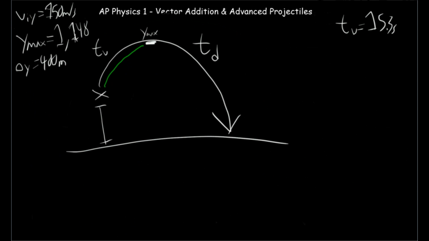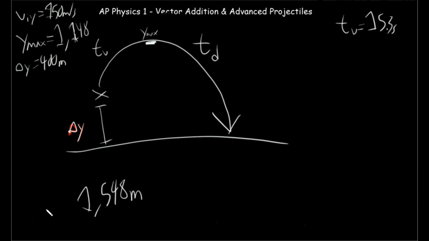This is the time up versus the time down. Look how big that is. So there's a big difference between the two. And that's what's going to make the time down bigger than the time up. What we're going to be doing here in this situation, as I discussed before, we're going to add the y max with the y displacement, which is right here. Ooh, y is in red. Y displacement. So when you add these together, you get 1,548 meters.